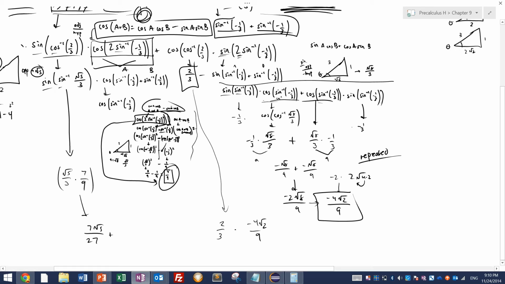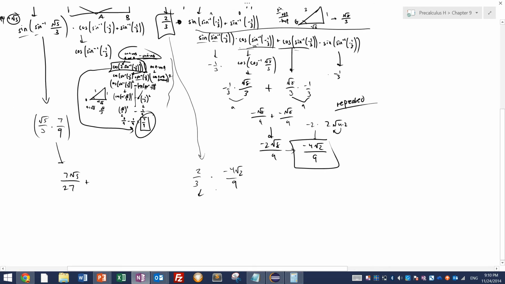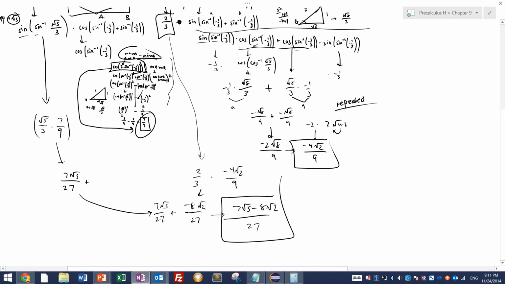Yeah, this is actually a multiplier. Make this negative 8 to 7, 7 over 5, 27. Something we can simplify. 7 root 5 is 8 root 2 over 27. That is actually correct.